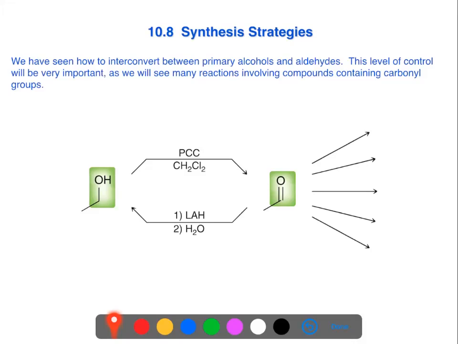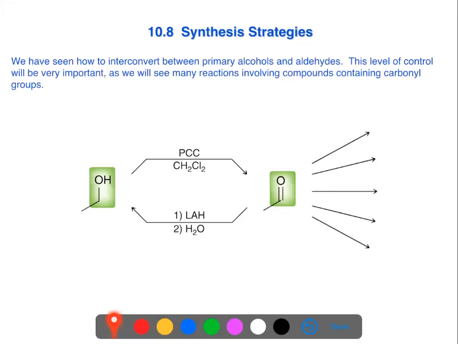So if we have a primary alcohol as shown here, we know that we can use chromic acid to convert this primary alcohol directly to a carboxylic acid through some unstable or unisolable aldehyde, or we can use a more selective oxidizing agent, or more mild oxidizing agent, that will stop at the aldehyde stage.